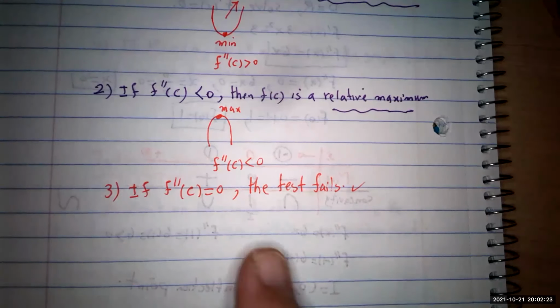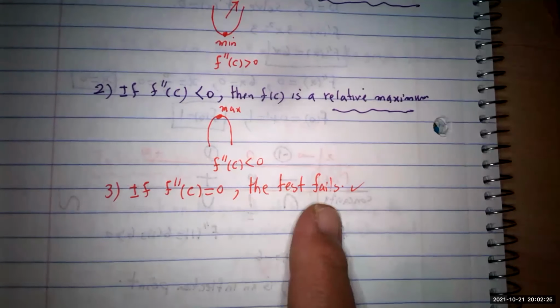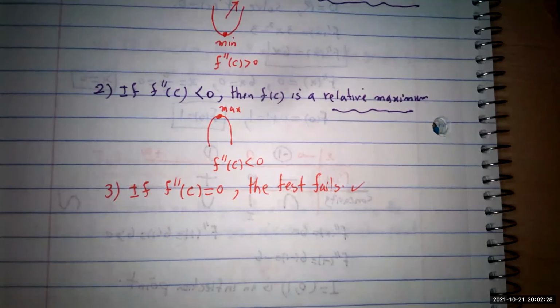Some people on the test say the test fails and don't continue. If the test fails, it's your test, so you better change it to the first. It's very rare for your case, because we have mostly polynomials and polynomials are nice. But there are a couple of cases where you may have used the wrong test. No problem. You go back and start over. Okay, that's the second derivative test. Any question?